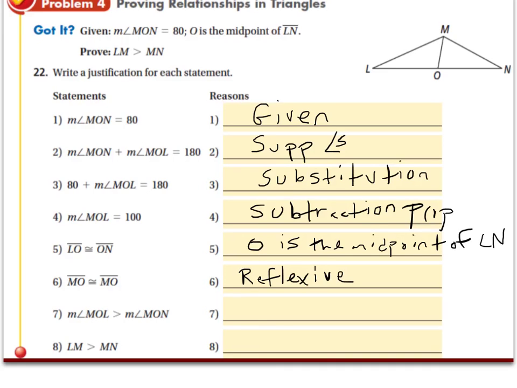So I can say that the measure of angle MOL is greater than the measure of angle MON, because last time I checked, 100 is greater than 80. So finally I can say that LM is greater than MN by the hinge theorem. That's how we prove relationships in triangles using the hinge theorem.